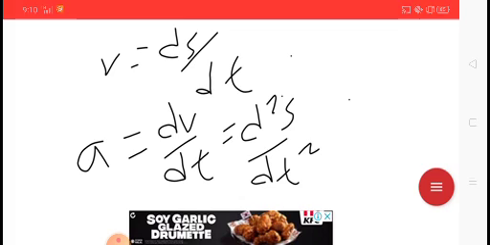By using these two formulas, we're going to solve the problems in these chapters. You need to choose which is suitable to use.